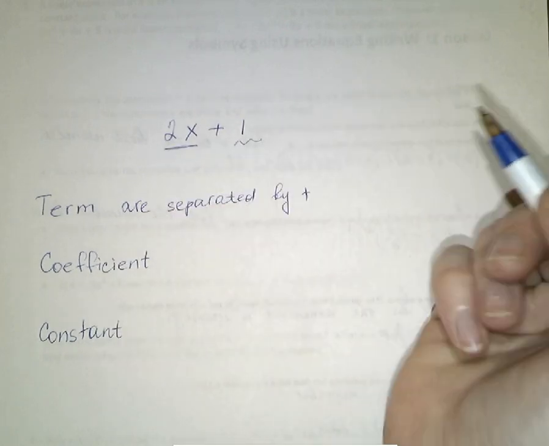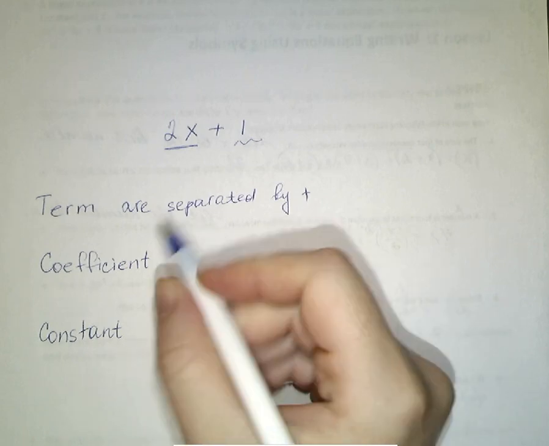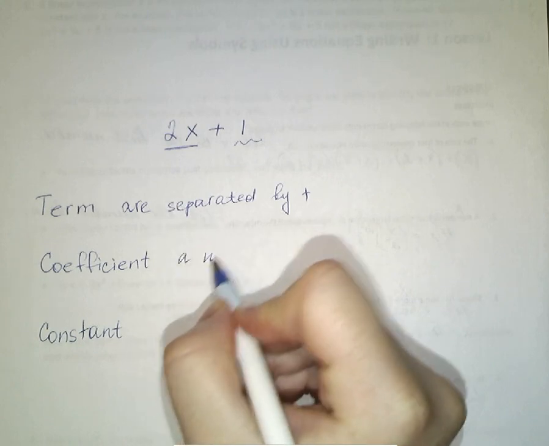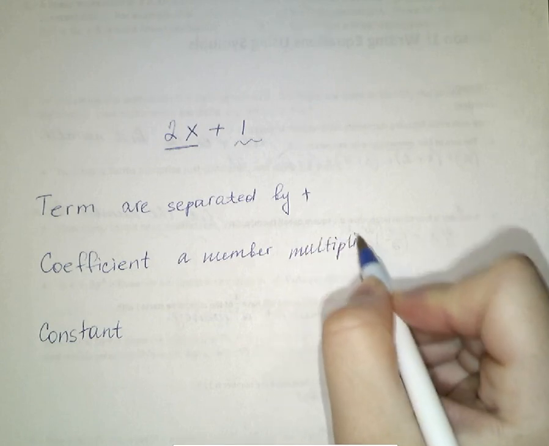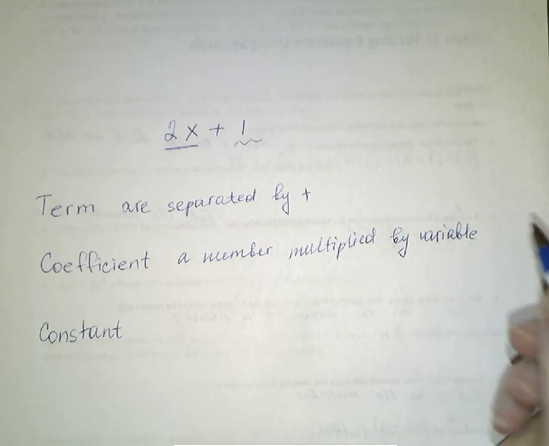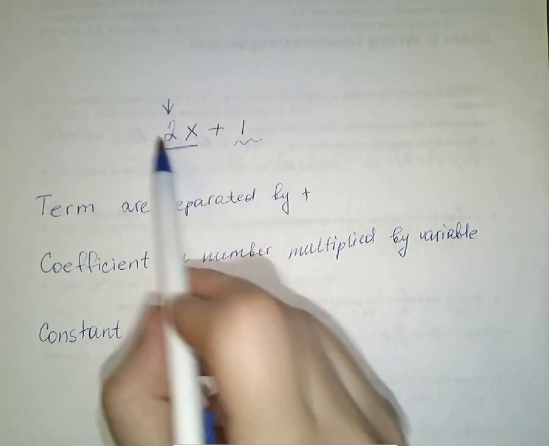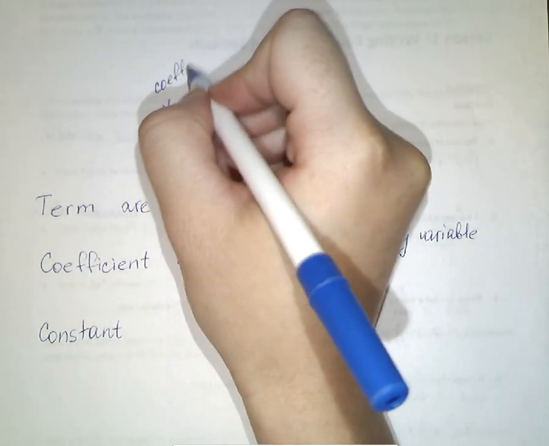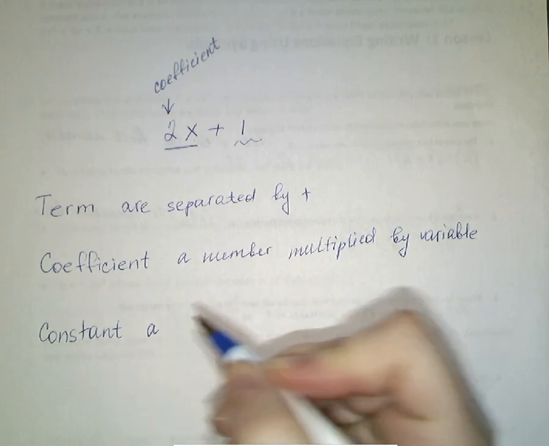Coefficient. A coefficient is a number that stands next to the letter, a number multiplied by the variable. In this expression, 2 is the coefficient because it's multiplied by the x. X is the variable. A constant is just a number.